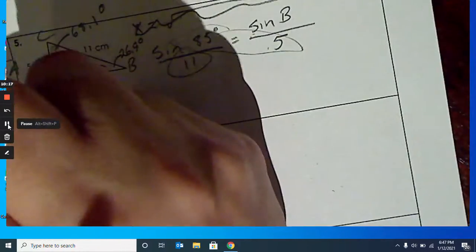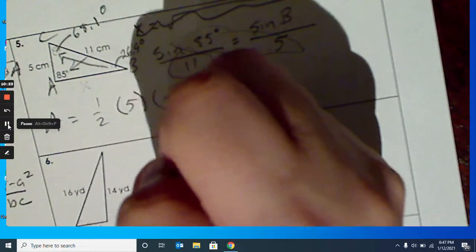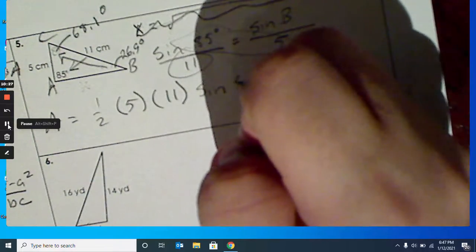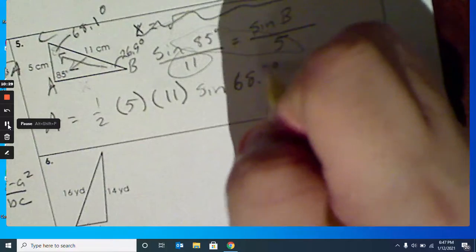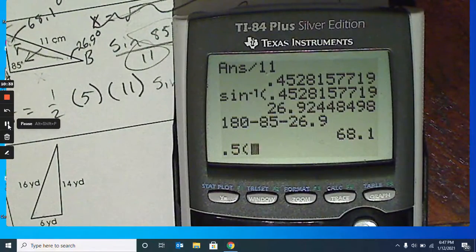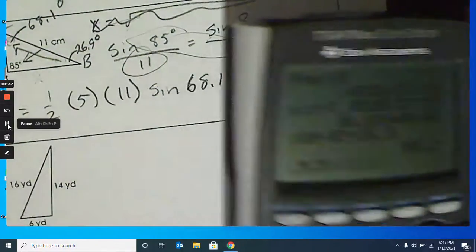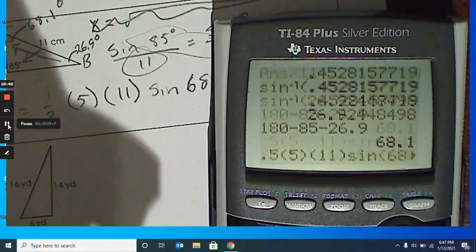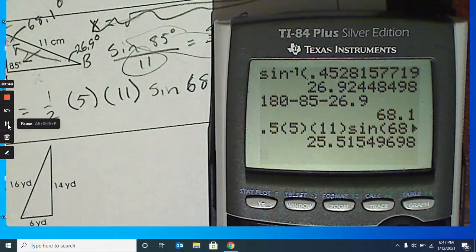Now I can do my area. 1/2 of A times B with the sine of the included angle. Okay. So 1/2 times 5 times 11 times the sine of 68.1 degrees. Looks like the area is about 25.5.